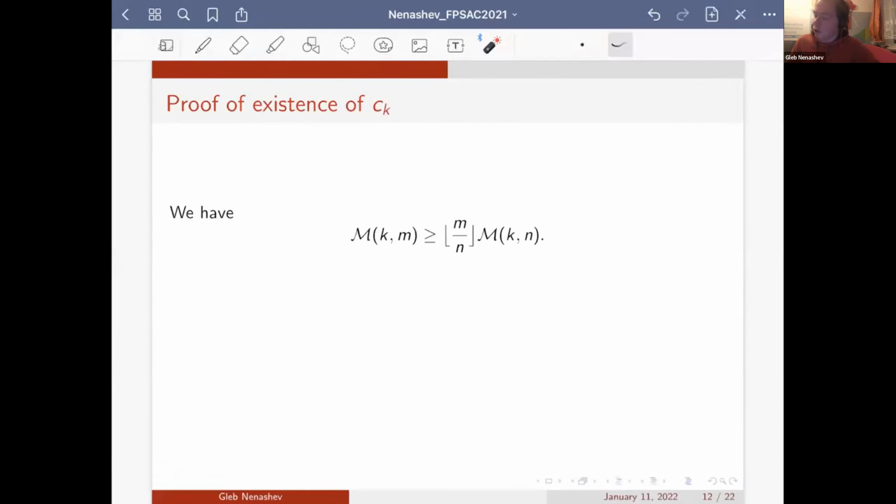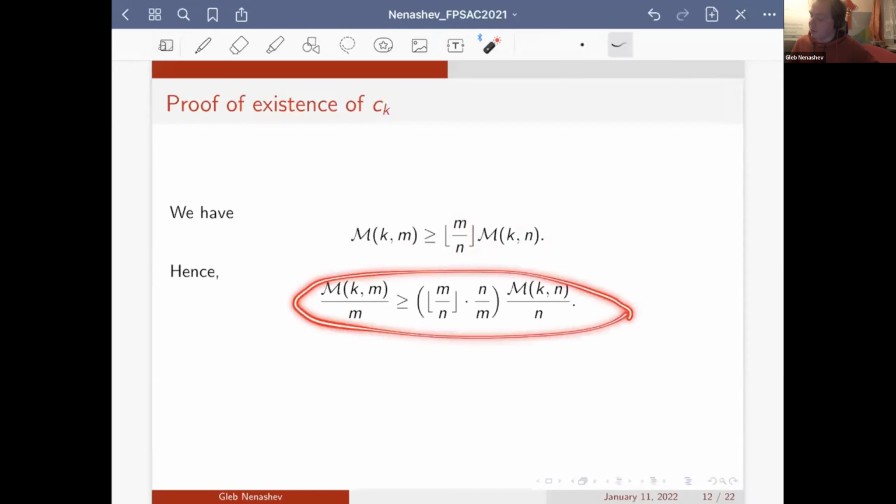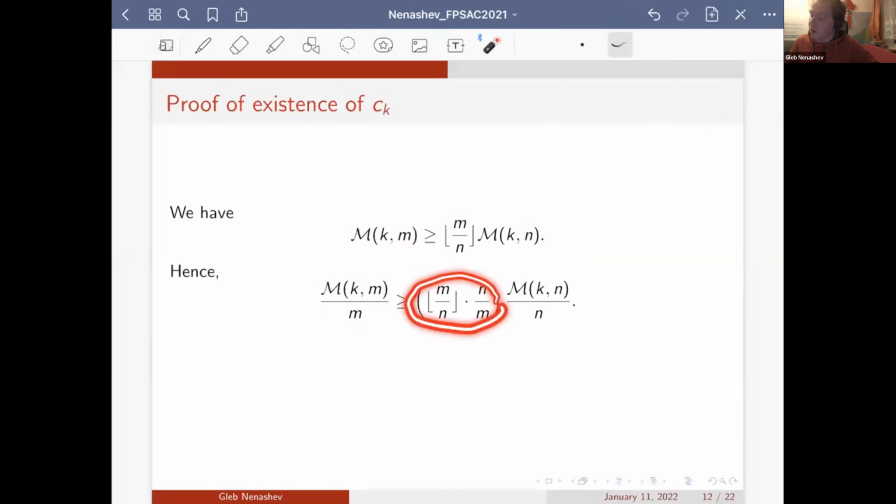From the second and third, we get that MKM is at least the floor of M over N times MKN. And from this, we just consider this and divide everything by M. And what we can see is, if we fix N and K and M goes to infinity, this product tends to 1.